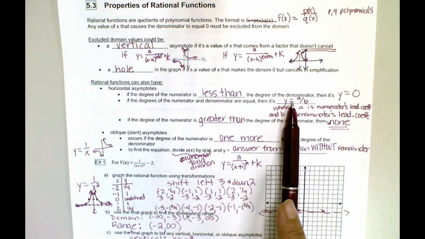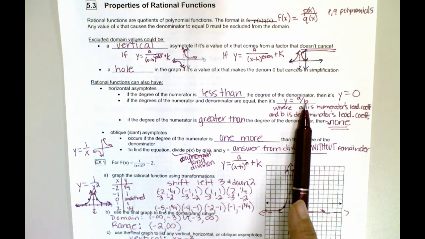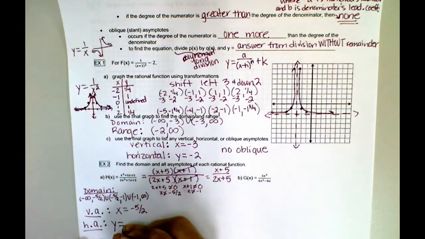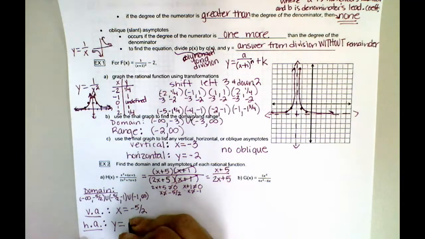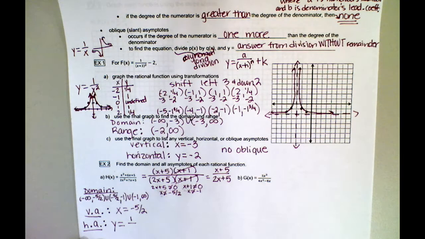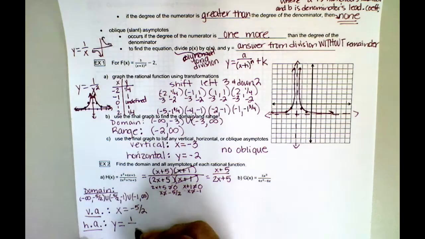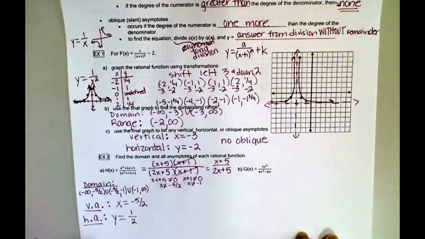It's y equals the leading coefficient of the numerator divided by the leading coefficient of the denominator. So I write y equals, and then I look. The leading coefficient in my numerator is 1. The leading coefficient in my denominator is 2. So y equals 1/2 is my horizontal asymptote.